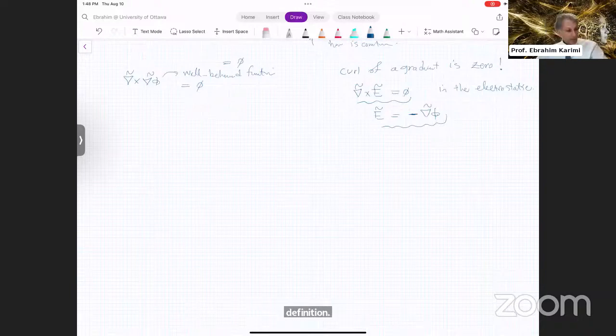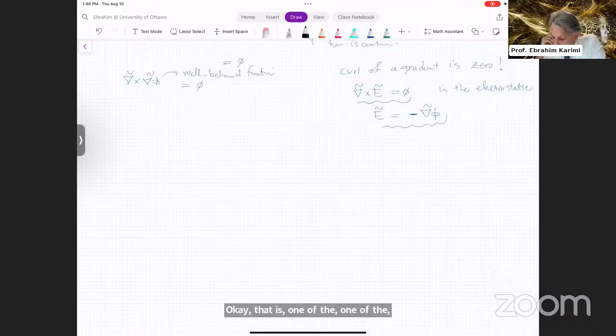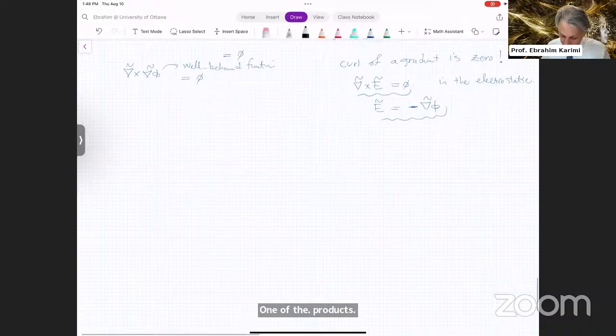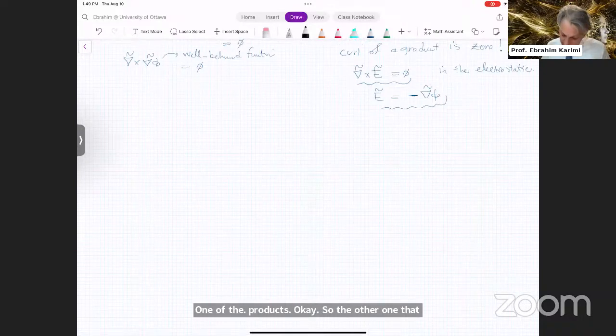Okay, that is one of the products. The other one that we deal with is the divergence of a curl.